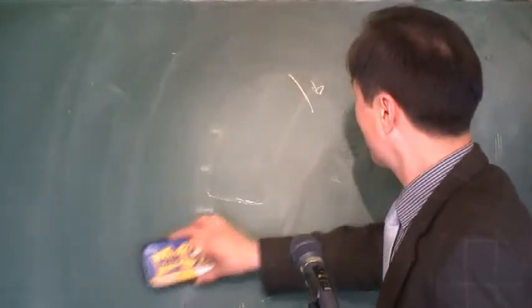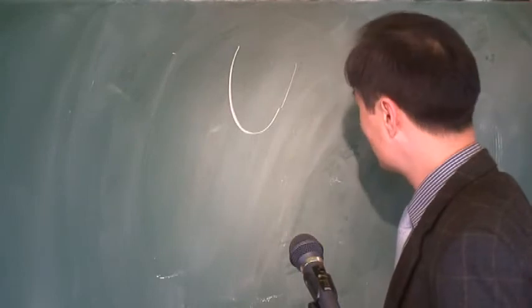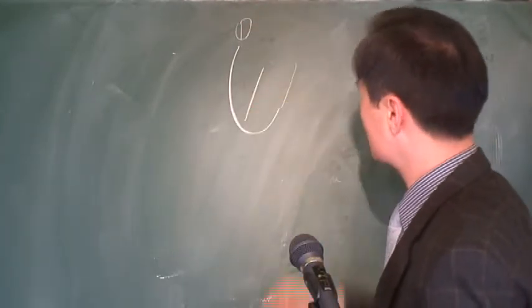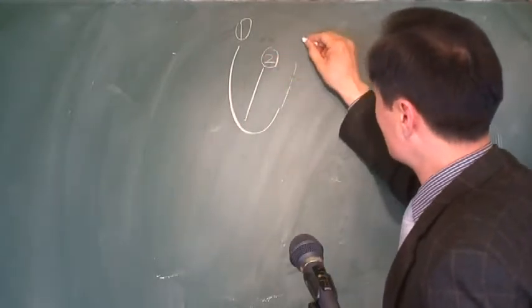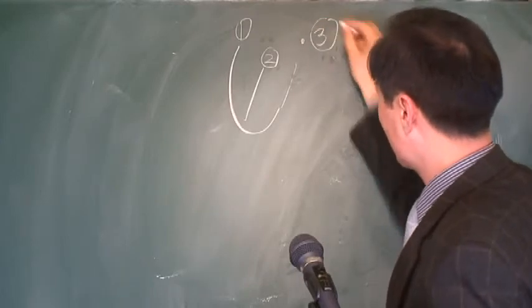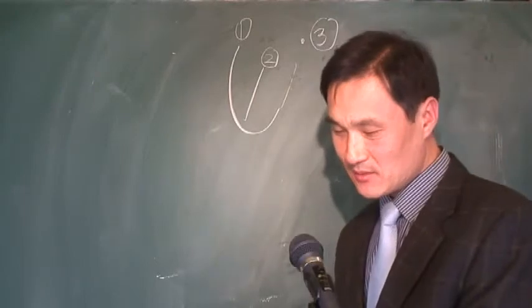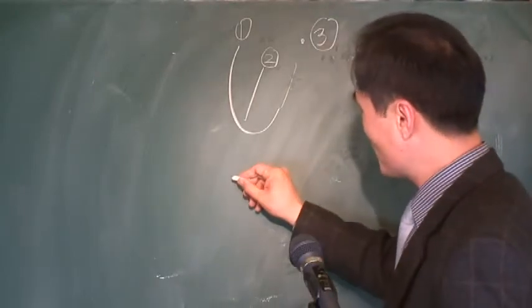Next, sin or shin. First, draw a circle and then draw a line down the middle. Next, put a dot on the upper right.